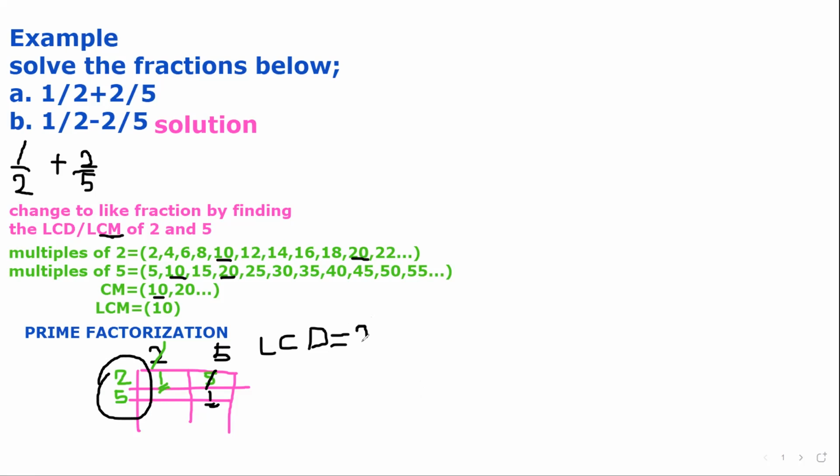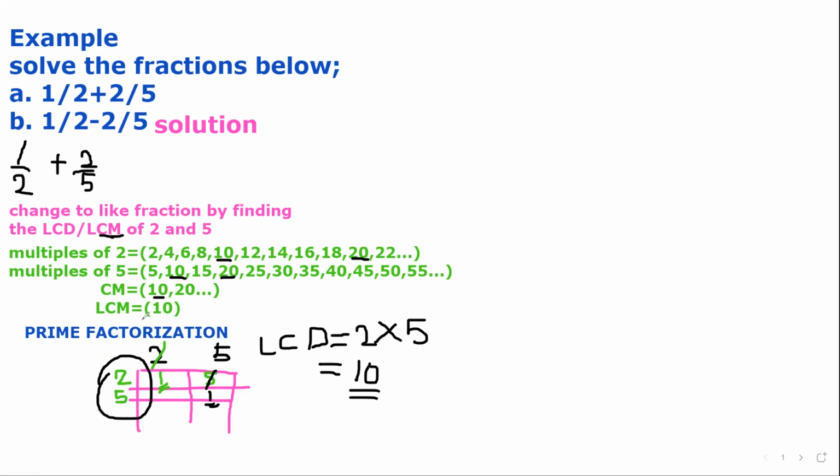The 2 times 5. And that one is what? 10. Okay, so irrespective of the method that we choose, you still get the same as the LCD is 10, the LCD is also 10, the LCM is the same as the LCD.